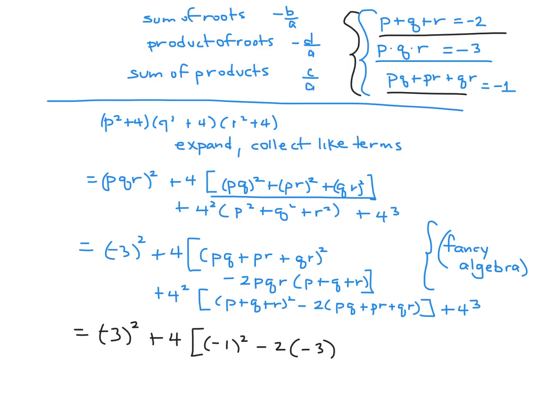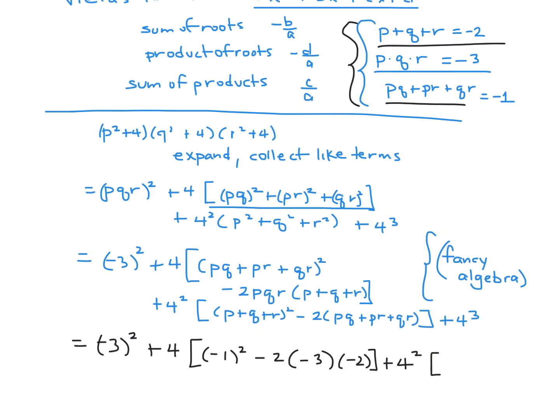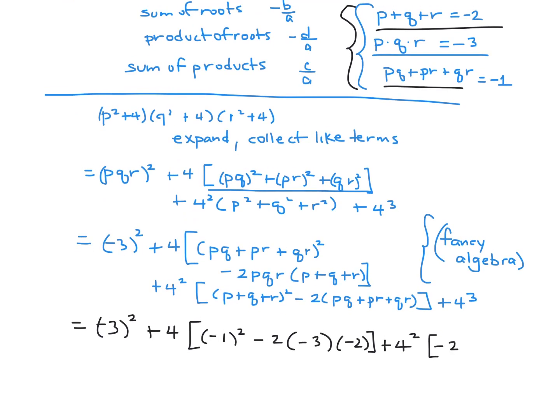And then p plus q plus r, that's minus 2. Okay, so that takes care of that. And then the next one, 4 squared, the p plus q plus r, that is minus 2, all squared. And then minus 2 times (pq plus pr plus qr), that whole thing, that's minus 1 from this guy up here. And then we have at the end that 4 to the power of 3.